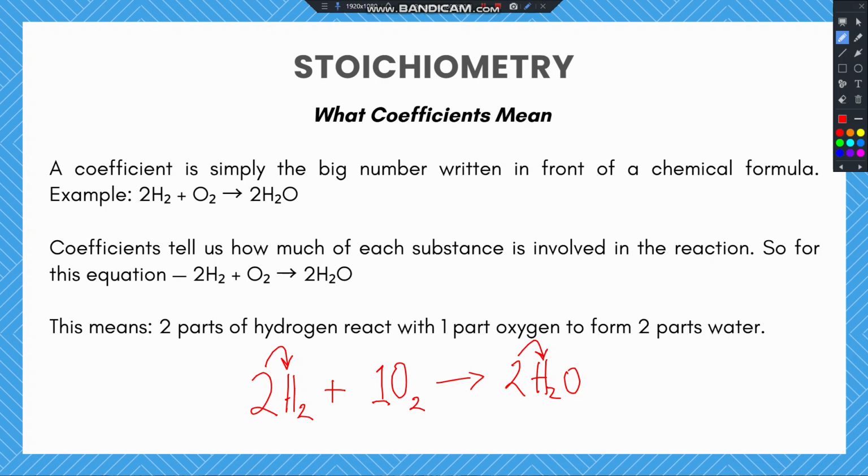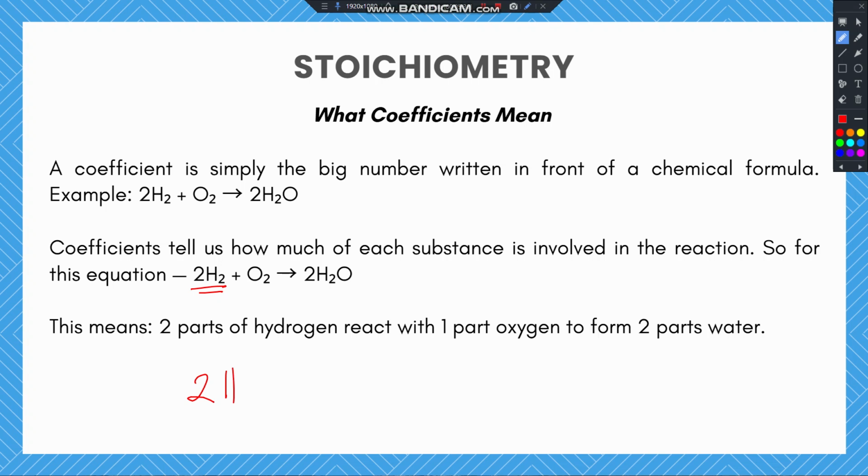Now, what is the significance of coefficients? Coefficients simply tell us how much of each substance is involved in the reaction. So for this equation on the screen, if I'm to read it like a sentence, it would simply sound like this: 2 parts of hydrogen, because I have 2H2, reacts with 1 part of oxygen, O2.